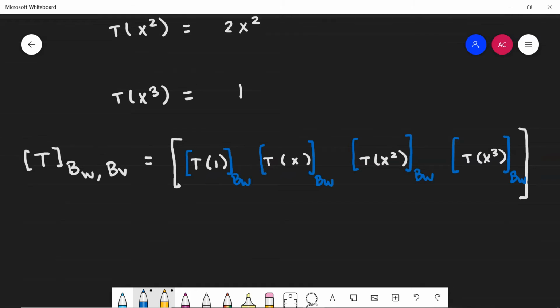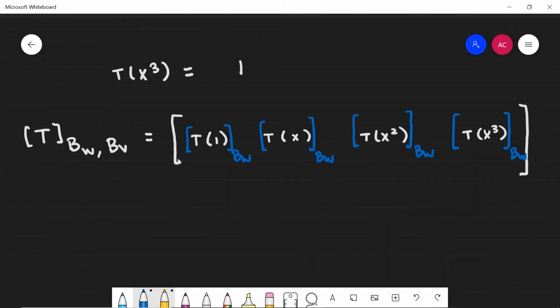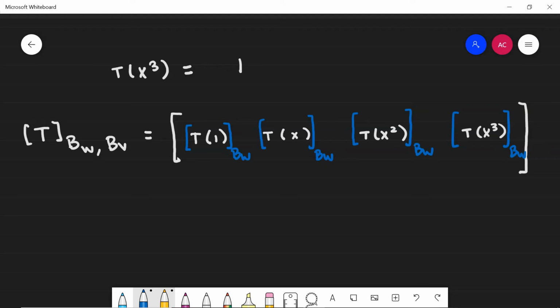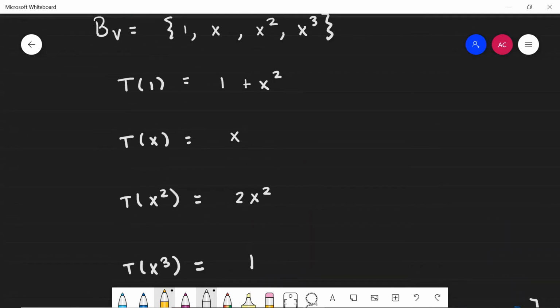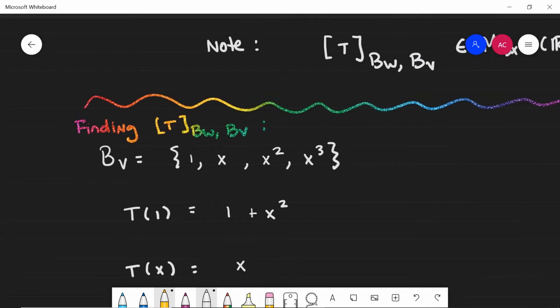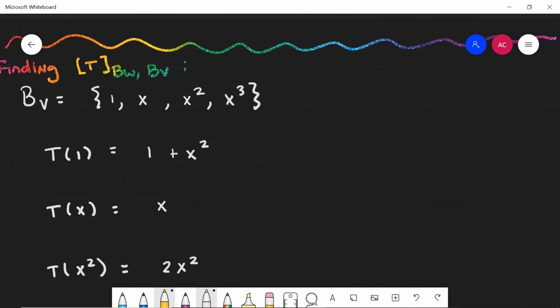Let's go ahead and determine those coordinate vectors. These are pretty straightforward to determine. For example, T applied to 1 was the polynomial 1 plus x squared. Let's write down the basis for W here, just so we don't forget.